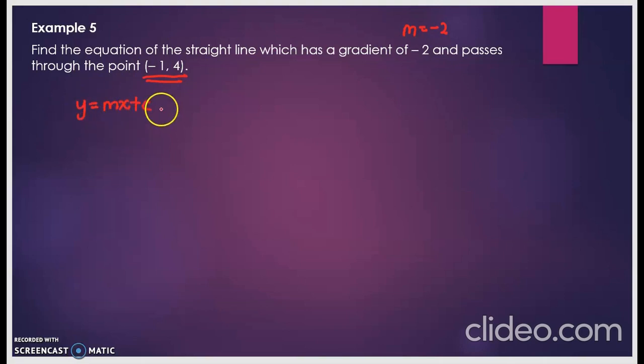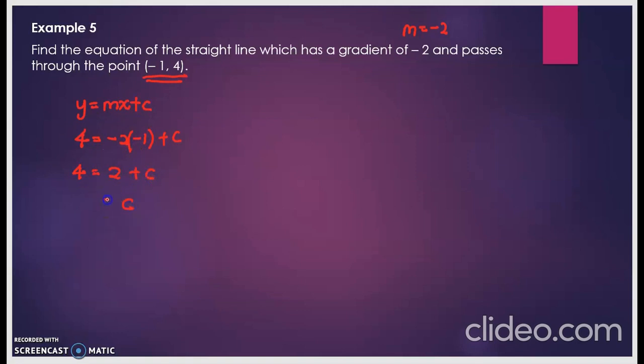If you are using this formula, first we will try to find the value of c. Based on this point, here is our y, so I will substitute x, y and m. So here y, which is 4, is equal to m, which is -2, times x, which is -1, plus c. So 4 is equal to -2 times -1, which is +2, plus c.